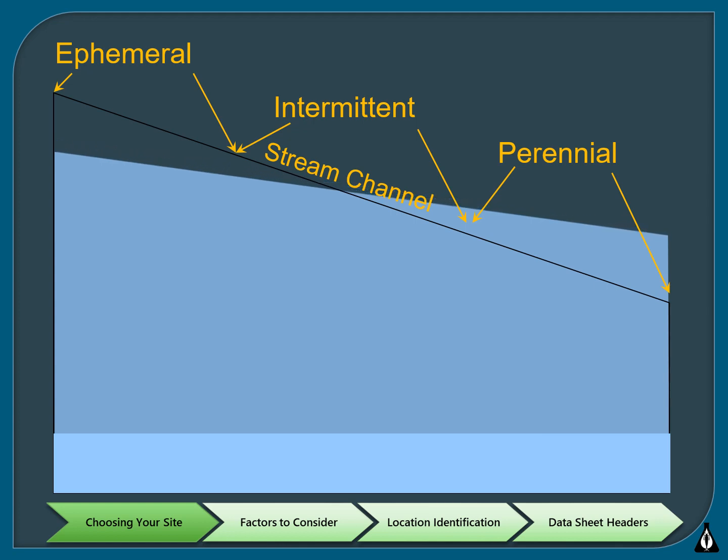So ephemeral streams are fed by rain or precipitation. Intermittent streams will have pools throughout the year because the stream channel is partially embedded within the groundwater table, and perennial streams will have constant flow throughout the year.